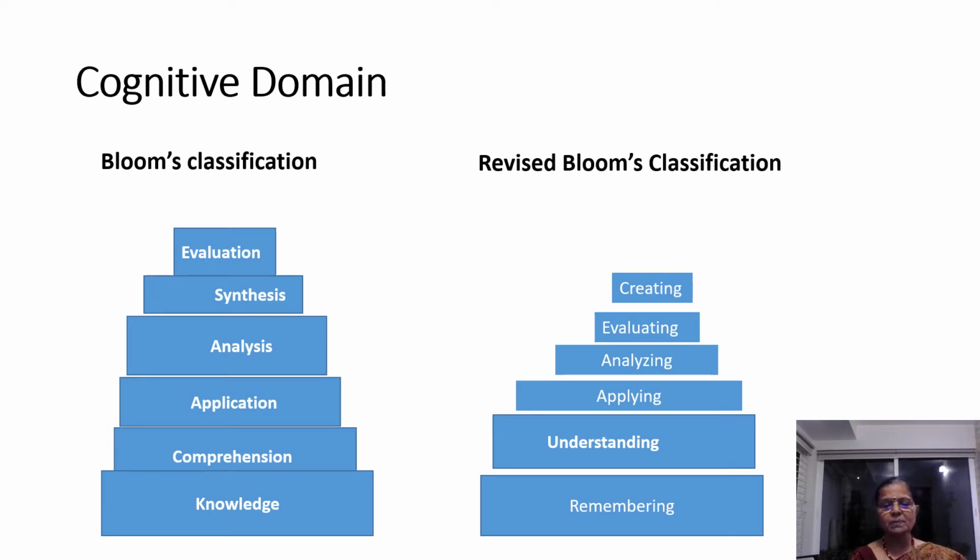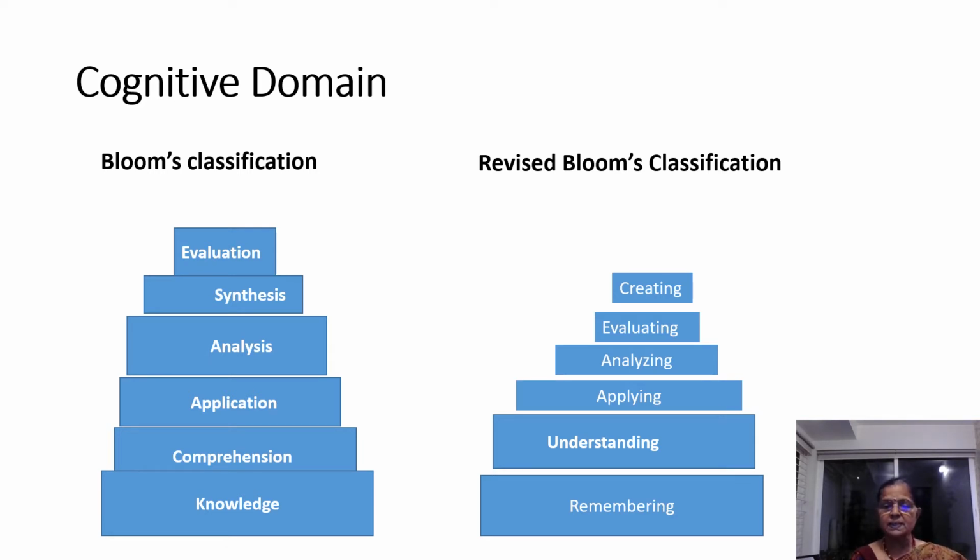So knowledge becomes remembering. I told you it involves memory. And comprehension becomes understanding in the revised classification. And application becomes applying. Analysis becomes analyzing. And here there is a slight change in the topmost level.